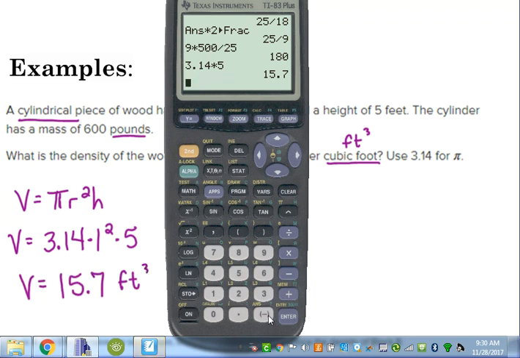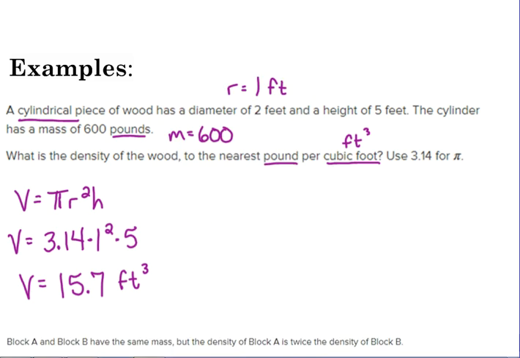Now, it's in the middle of the problem. It really doesn't matter, but I do want you to be in the habit of labeling things with units when they have units. So volume is always in cubic units because we have 3 dimensions to volume. There's always a depth, a height, and a length, or a width, however you want to look at it. So it's always in cubic units.